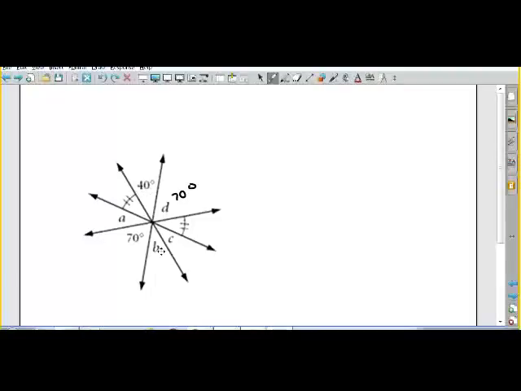And what is B? 40 degrees, yeah. So we've got those. Now, if we could figure out what these angles are, then we'd know what A and C were. So the question is, does anybody see how we might figure that out? Yeah, James.